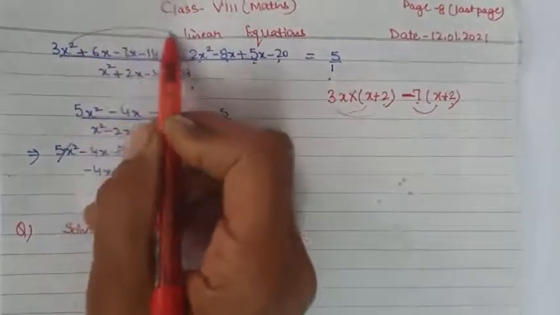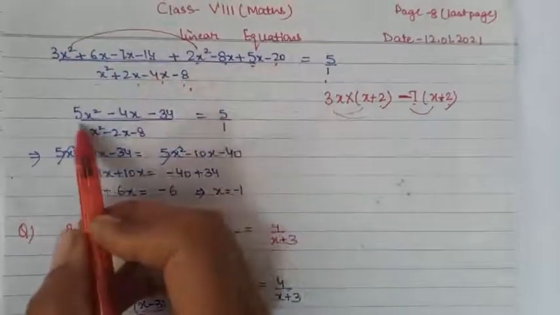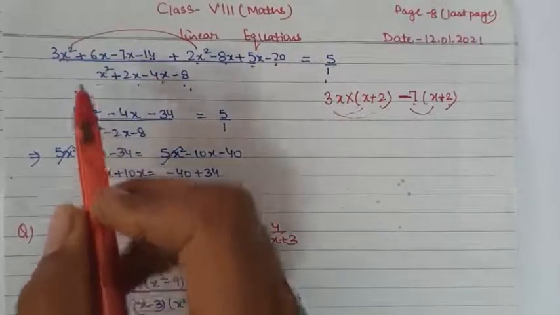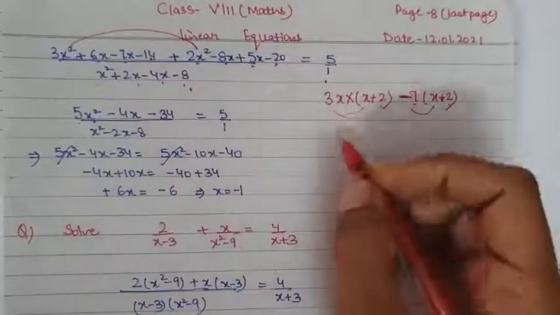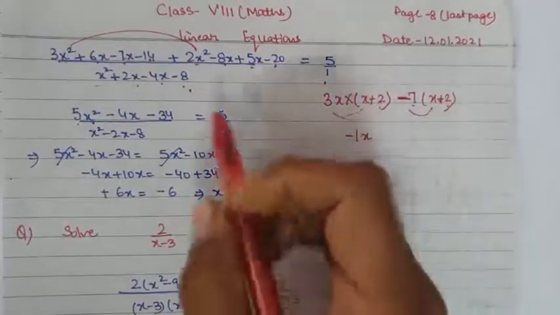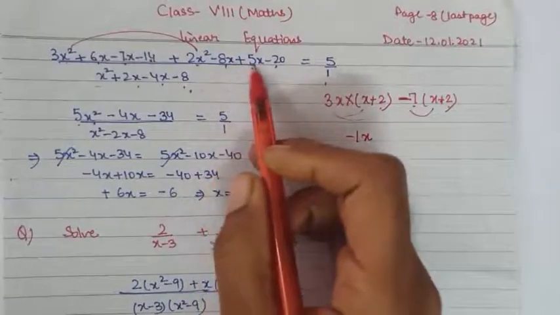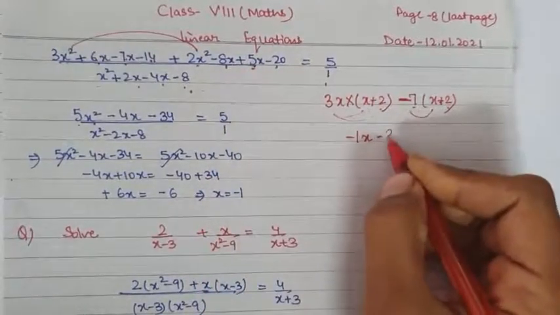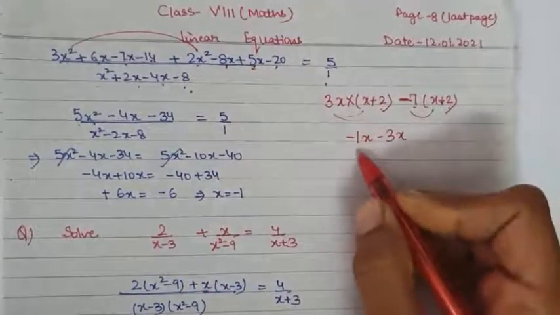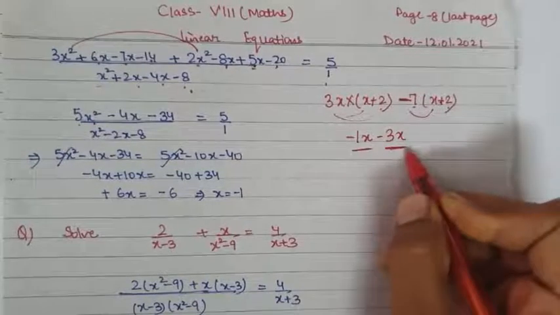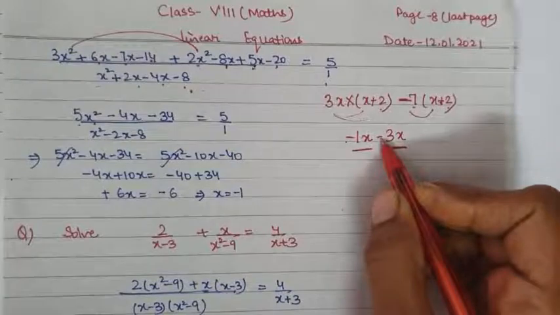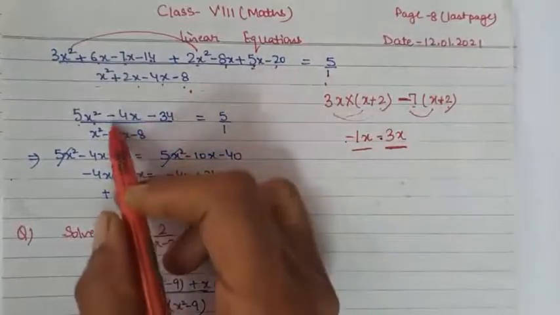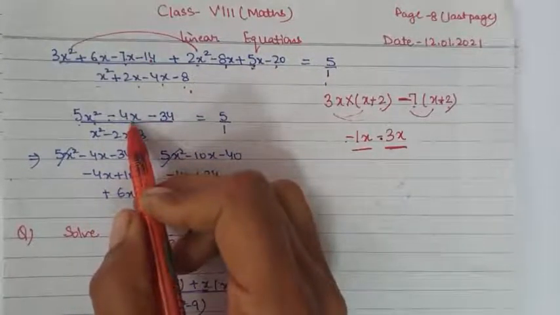Now these two are like terms, will give you 5x square plus 6x minus 7x minus 1x minus 8x plus 5x minus 3x. Now minus 1x minus 3x, minus minus plus, but the sign will be negative only, minus 4x.